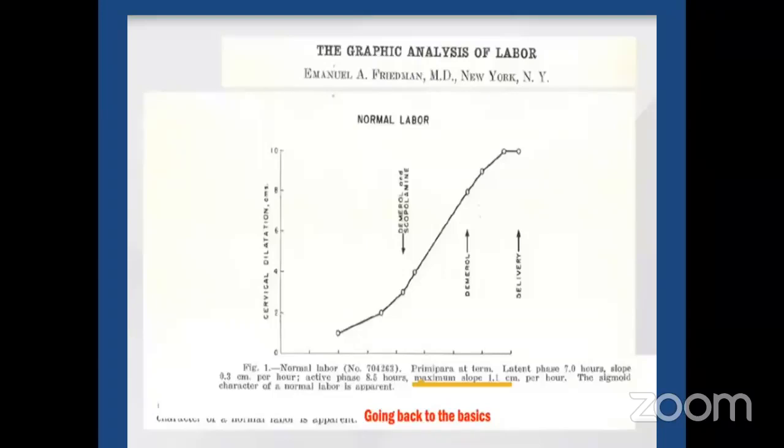But if you look carefully at this curve, you can see that there's quite a lot of slope out here. And if you analyze this slope, we all know that this slope says that anything less than 1 centimeter per hour is not going to fall on this line. And that is what Friedman concluded, that anything that is less than 1 centimeter per hour is probably not normal labor.